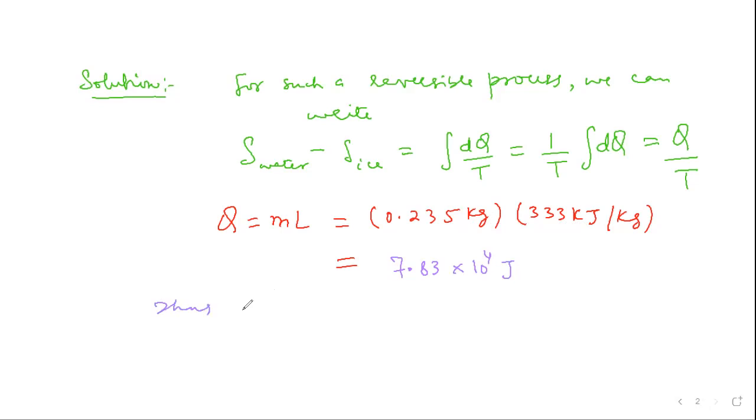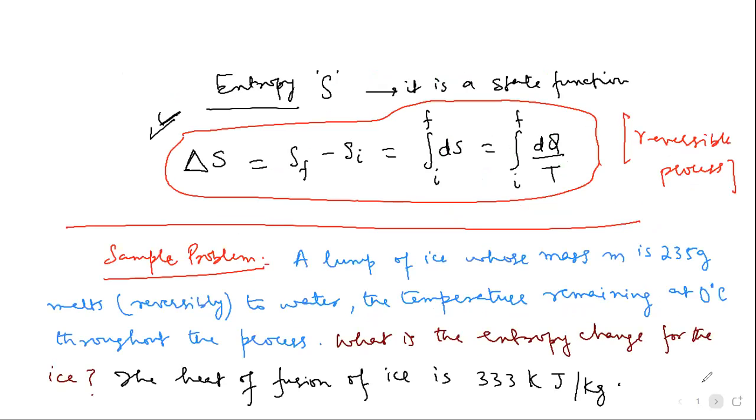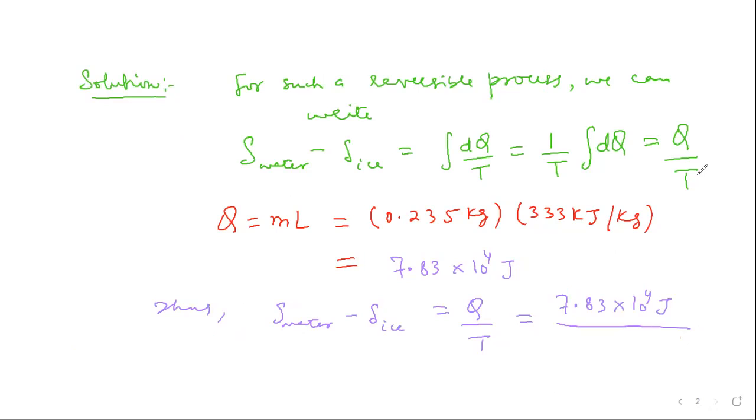Thus, S water minus S ice is Q by T. Q is 7.83 into 10 raised to power 4 joules, and temperature is given 0 degrees Celsius, but you have to convert it into kelvins because this T in this equation is absolute temperature, that is temperature in kelvins.